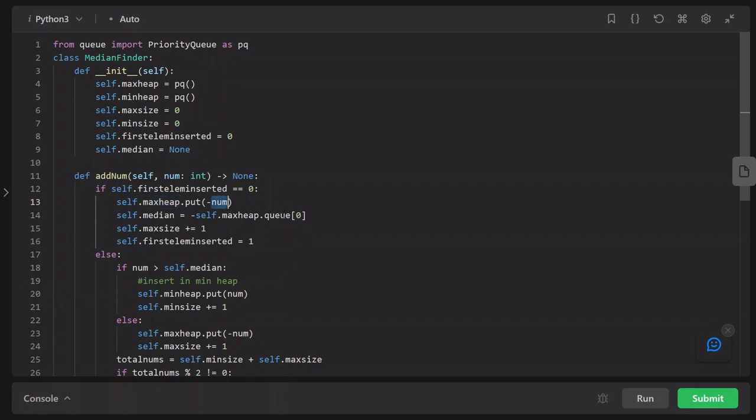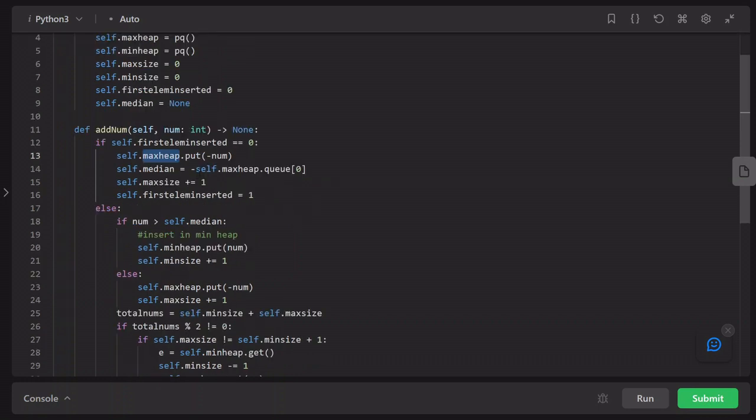In that way the normal heap acts as a max heap. We say that the topmost element for the first insertion is the median. We increment the size of the max heap and declare that the first element is inserted. So for the first insertion, the median is stored.